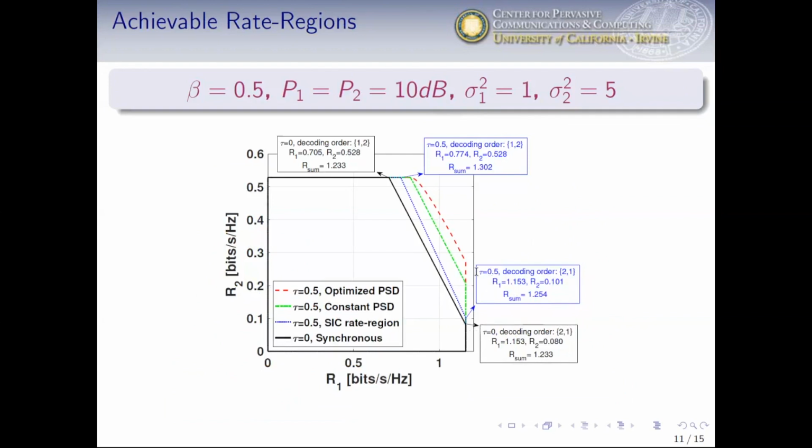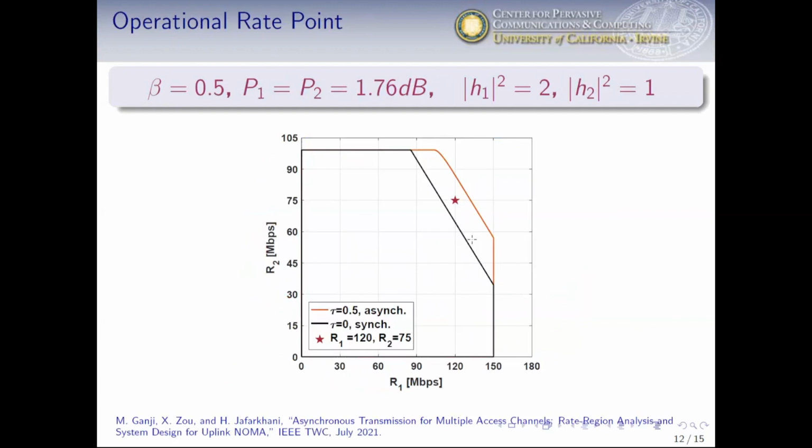In this figure, the black pentagon is the rate region for a synchronous system, and the red curve is the rate region for the asynchronous system. As you see, this is enlarged, which means we have more capacity here.